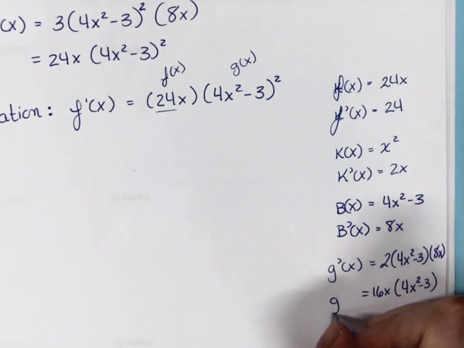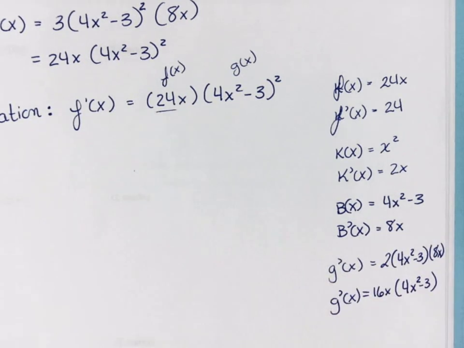And that's a monomial. You could multiply it in if you wanted to. It might be helpful to multiply it in because we have to do derivatives one more time. But we're going to get better at this.